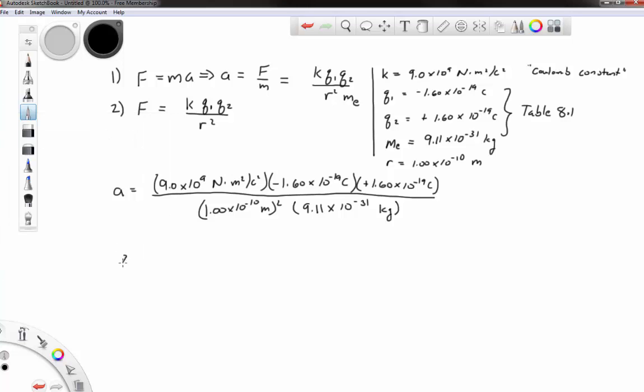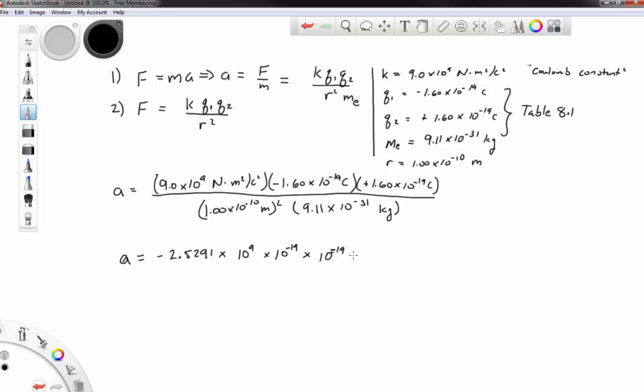So the acceleration is minus 2.5291 times, we have a 10 to the 9th up top, we have a 10 to the minus 19th up top, we have another 10 to the minus 19 up top.